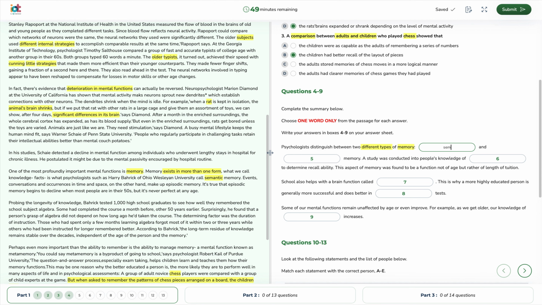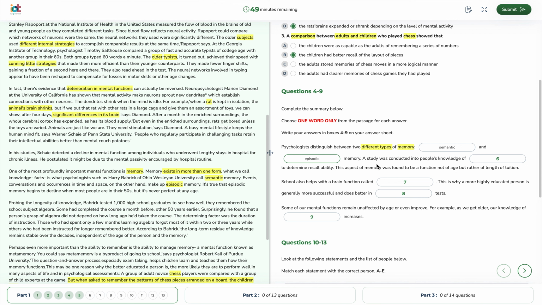So the first answer I am going to write down is semantic memory. Let's see what other memory they talk about. Events, conversations and occurrences in time and space, on the other hand, make up episodic memory. So see, two answers in two lines. It means our remaining answers will be somewhere in the next parts.